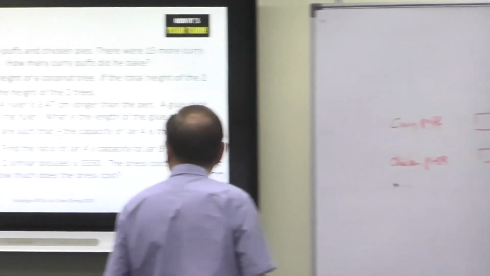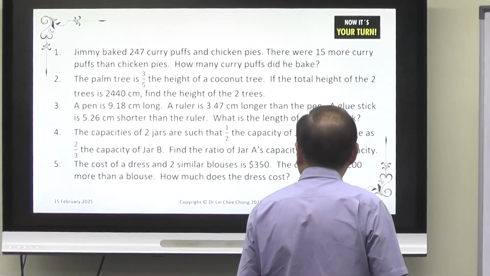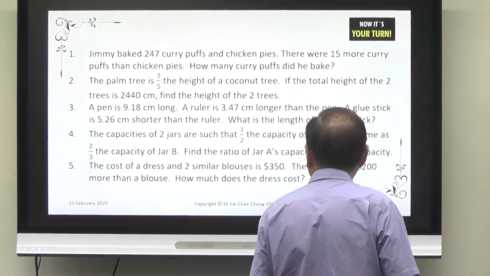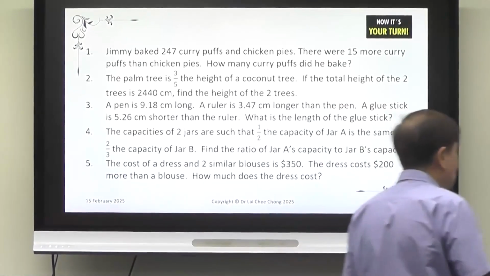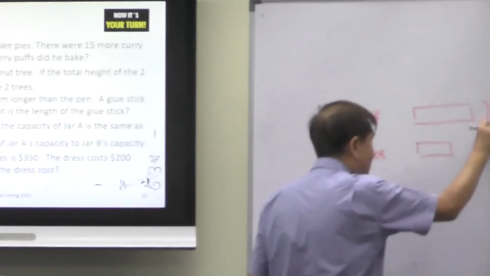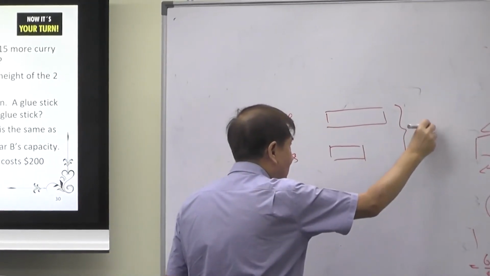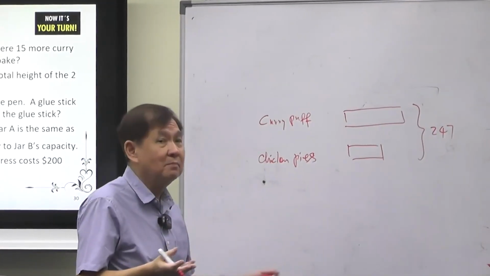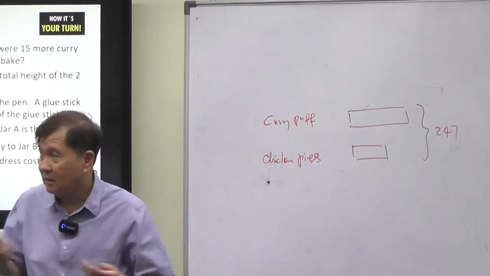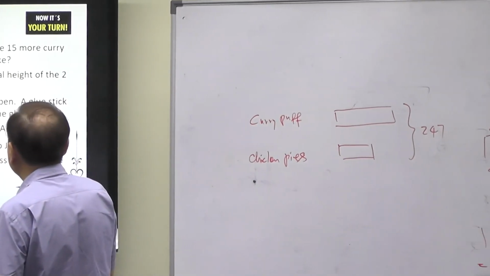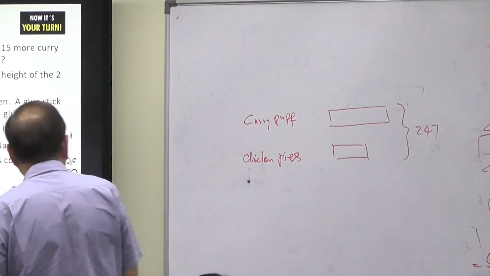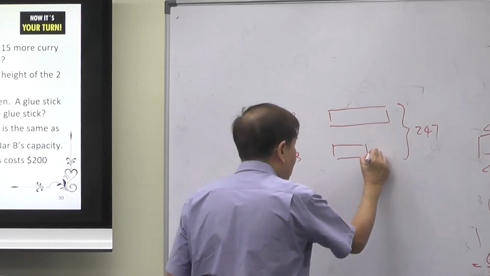And it will say, altogether how many? 247 altogether, okay? As they read this, they draw it, as simple as that. Then it says there are 15 more curry puffs than chicken pie. Oh, the difference is 15, am I right?